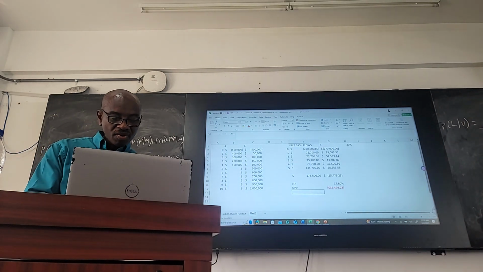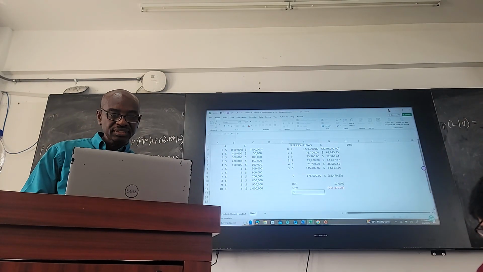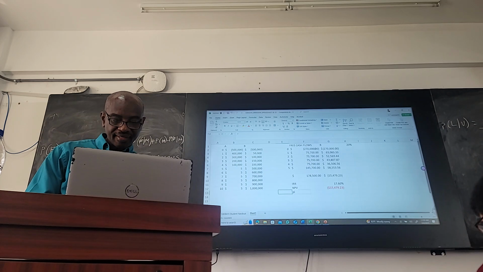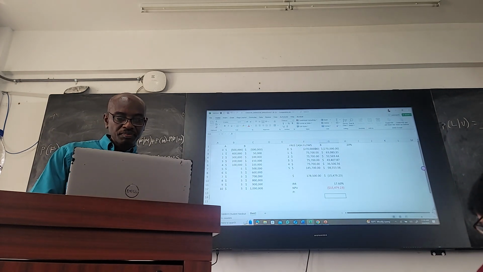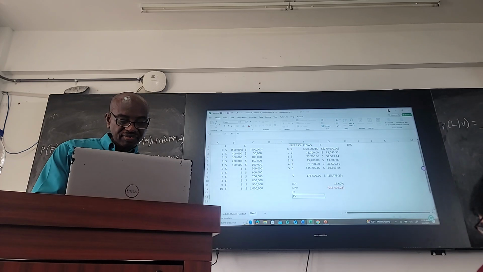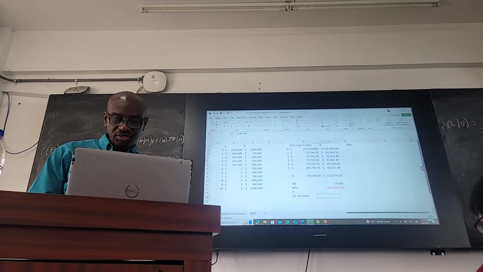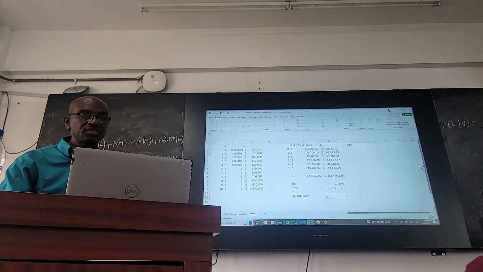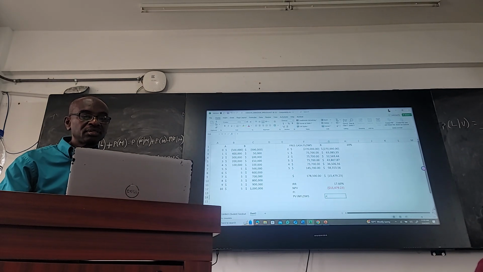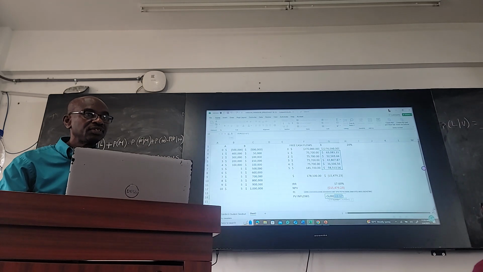And then what's your profitability index, or your PI? So for PI, you want the present value of the inflows. Having found the present value, you're going to sum these numbers. That's the present value of the inflows.